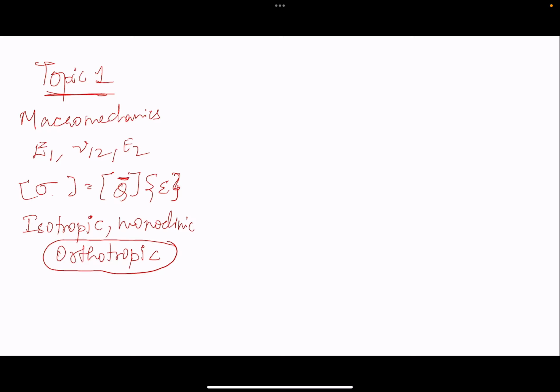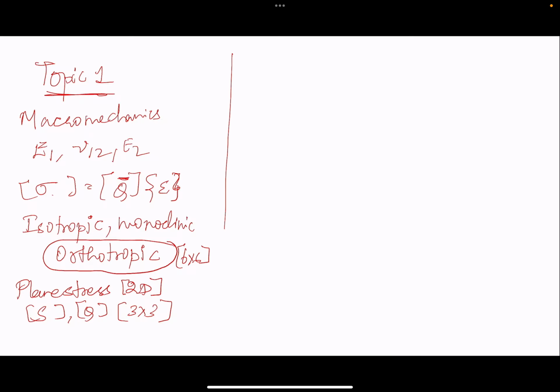It reduces the number of constants we use, but it was still a 6 by 6 matrix, if you remember. So then we said, okay, let's only consider the plane stress condition, which made it a 2D problem. And so we reduced the matrices. For example, the S matrix, the Q matrix, all of it was reduced to 3 by 3.